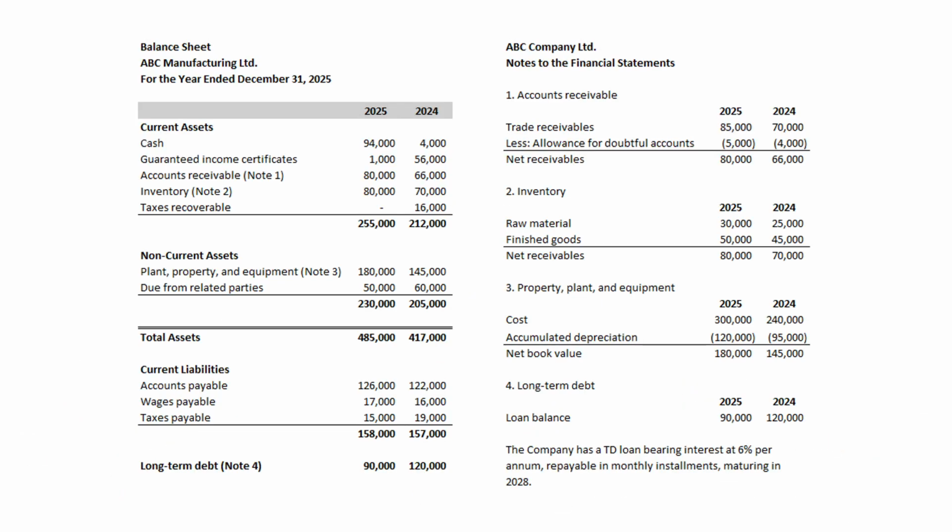Before we start with this example, we're just going to put a little divider in the middle, because on the left side you have the balance sheet, and on the right side you have the notes to the financial statements.